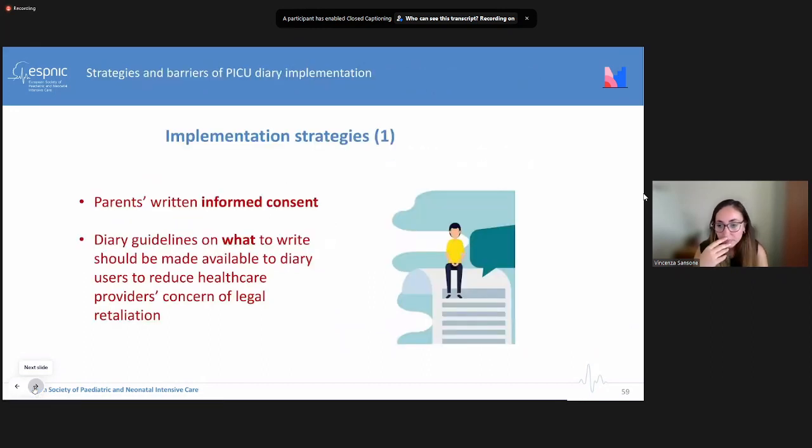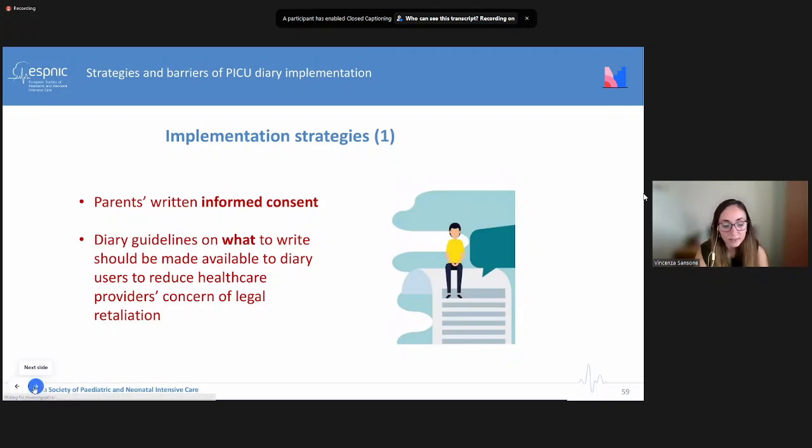So let's go to outline some of the strategies that can guide and improve the implementation of the PICU diary. First, using informed and silent consent form for family. In this way, we can limit the fear of legal problems.